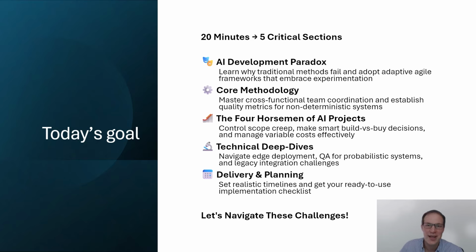The third section is what I call the four horsemen of AI projects. Those are four things that tend to derail projects: scope creep, build versus buy in something that really changes very frequently, the need for perpetual iteration, your agent is never done, and cost variability. We're going to then move on and do a couple of deep dives on edge deployments, QA, and integration with legacy systems. And finally, we're going to look at how to plan and how to get started delivering your AI agents.